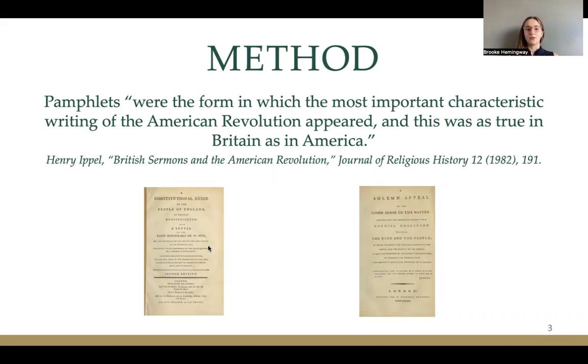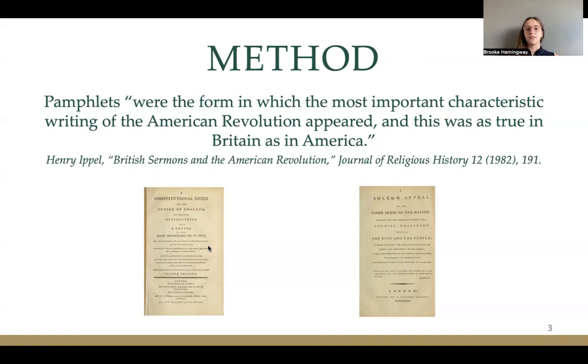And so the two pamphlets that I ended up doing my research on were both published in 1783, when these parliamentary reform movements first came into being: A Constitutional Guide to the People of England by John Williams, and A Solemn Appeal by an Anonymous Author.